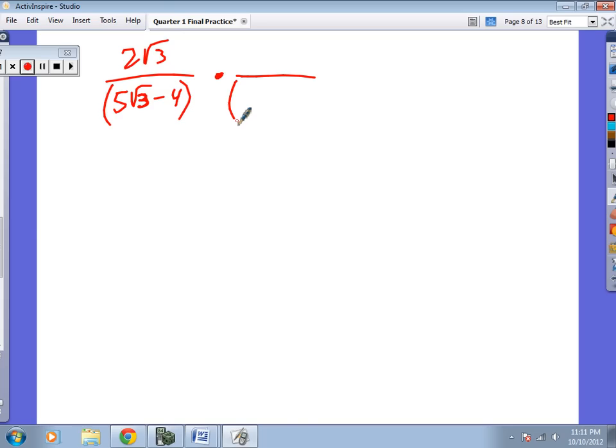So this will always work. A conjugate, you just copy what you've got there, but you change the sign. You change it to a +4 instead of a -4, and you just created a difference of squares. So 5 times the square root of 3 plus 4 on top and bottom.